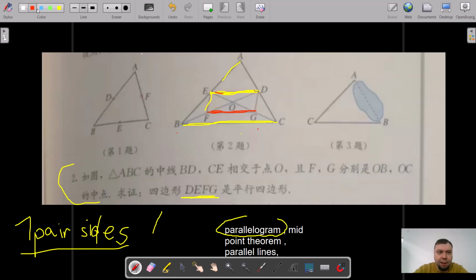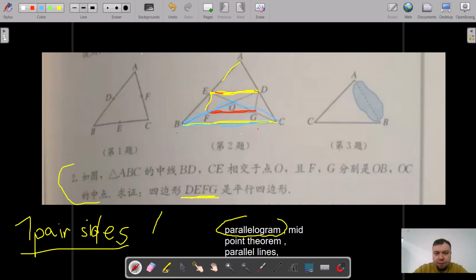Because you see there is another triangle here, triangle BOC, and as you can see, triangle BOC shares the same base, BC. So this triangle has the same base as triangle ABC.